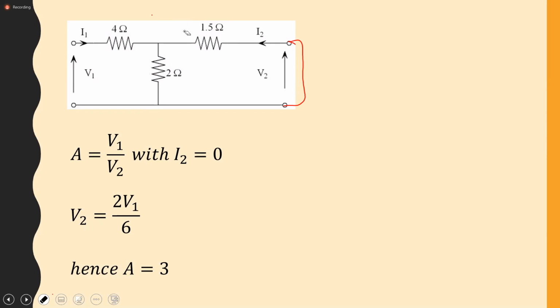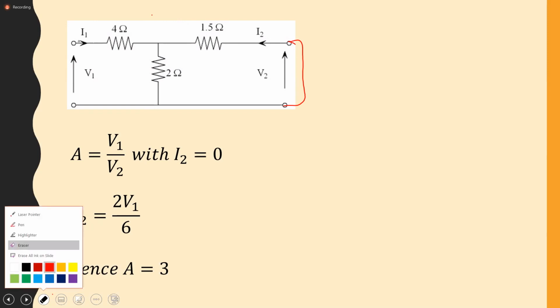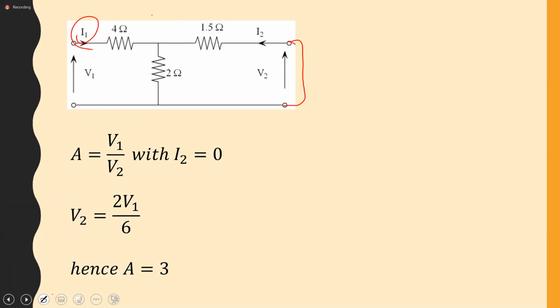And we are looking at what connects I1 and minus I2. Obviously, minus I2 will be going in that direction. If I1 is the current coming to this point, all of it would pass through the 4 ohm. Some will go through the 2, and some will go through the 1.5.